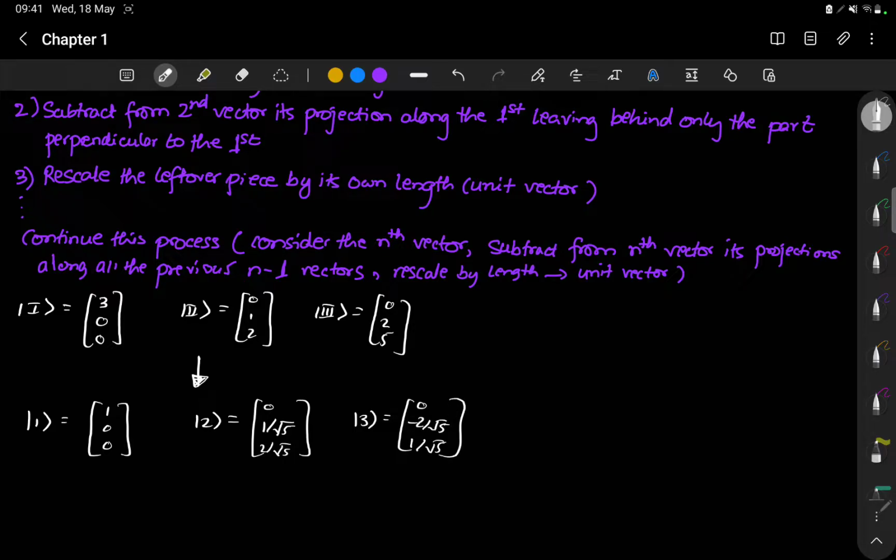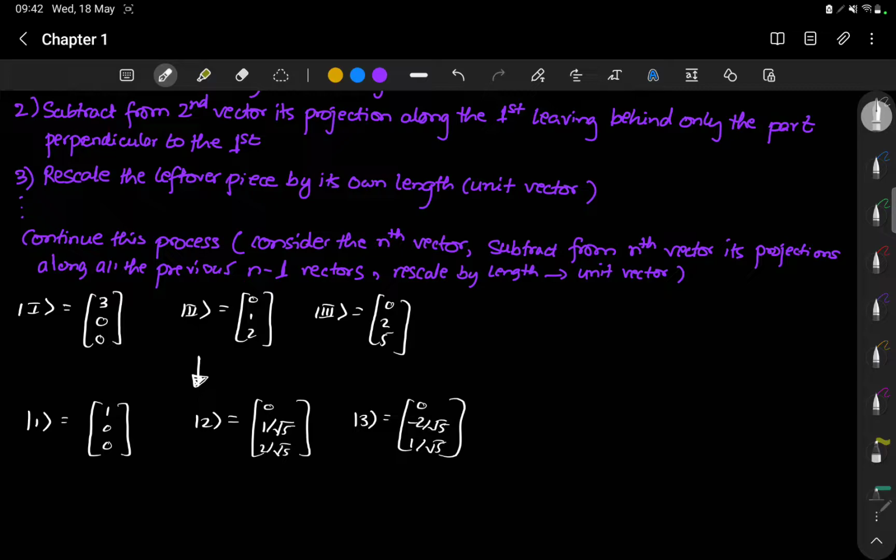Now, as we saw, the Gram-Schmidt process gives us an orthonormal basis, but it does not give us a unique set of orthonormal basis vectors. So we need to be careful in the choice of our first vector. If we select different vectors as a choice for the first vector, we will come to a final conclusion of different sets of orthonormal basis vectors.